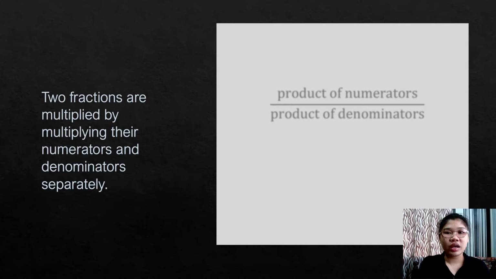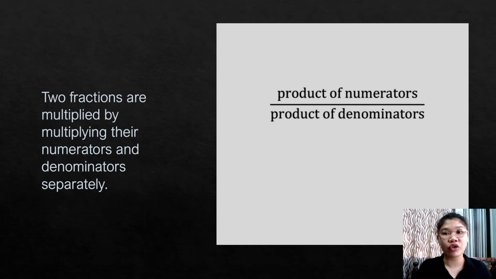So in multiplying fractions, you have to multiply the numerators and then multiply the denominators. So here's a general formula: the product of numerators over the product of denominators is the product of the fractions.